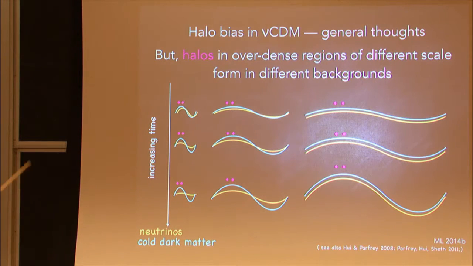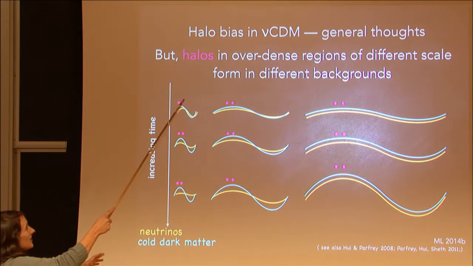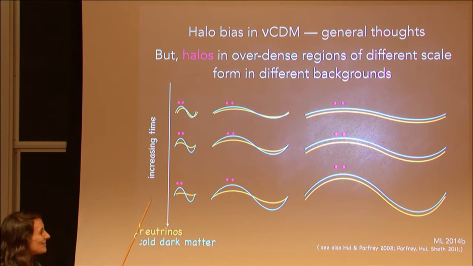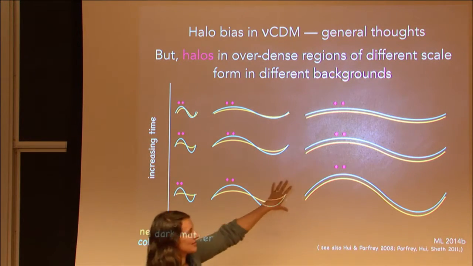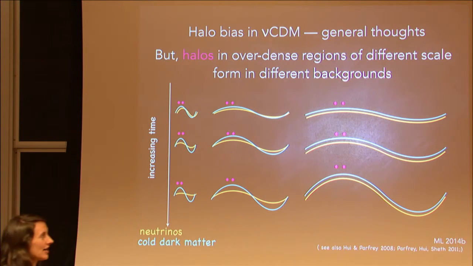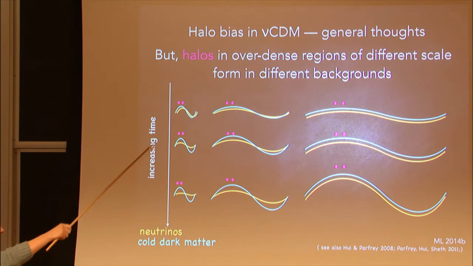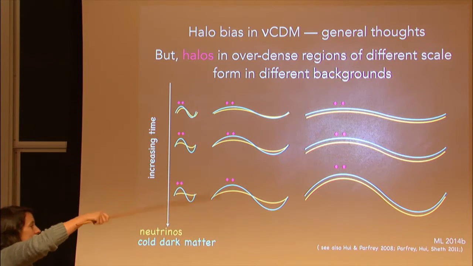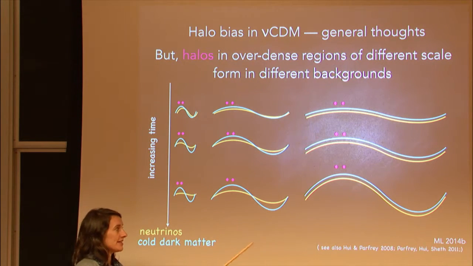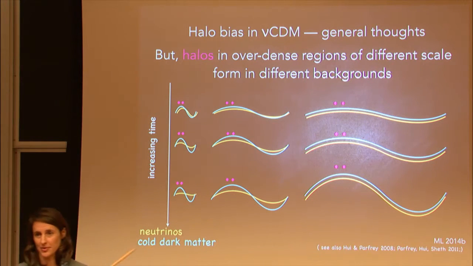So this is a cartoon which is meant to show little halos, which are these pink dots, which live on long wavelength perturbations of different scales. So I'm thinking of halo bias in some kind of peak background split picture where the halos that are forming only care about the local quantities like the matter density and so on. But in the case where I have both neutrino and cold dark matter fluctuations, the evolution of the background density that these halos see is different depending on the scale of the long wavelength perturbation.